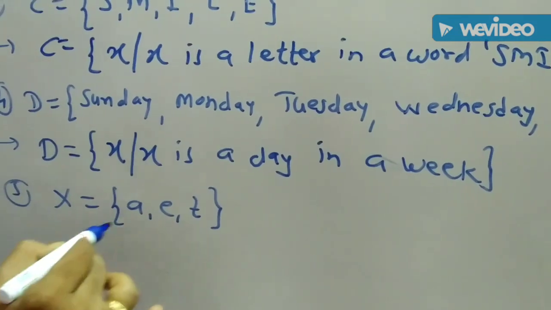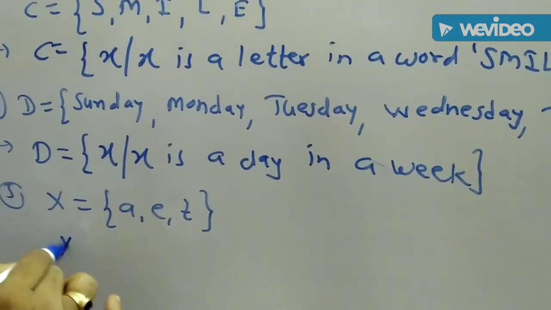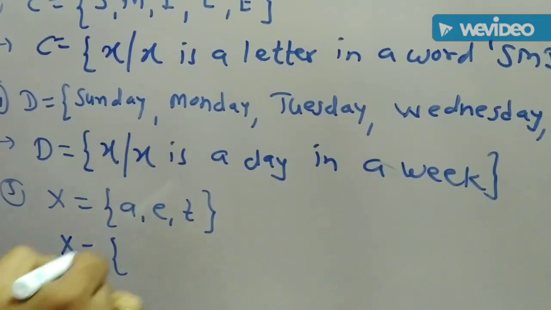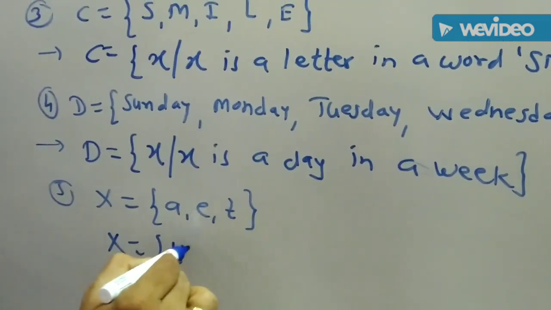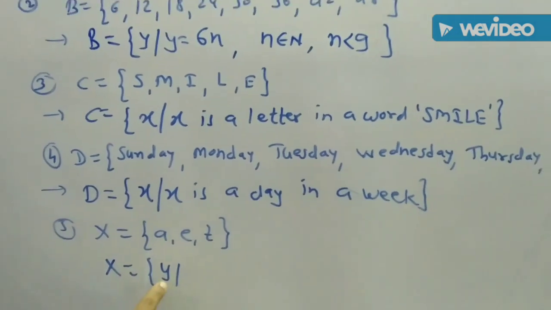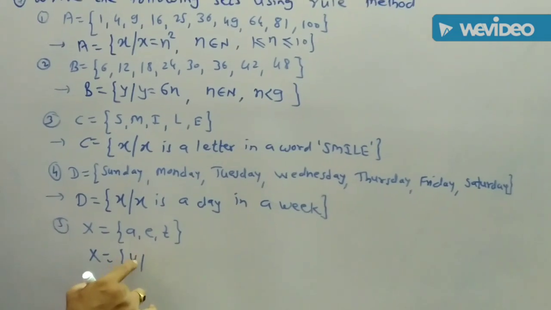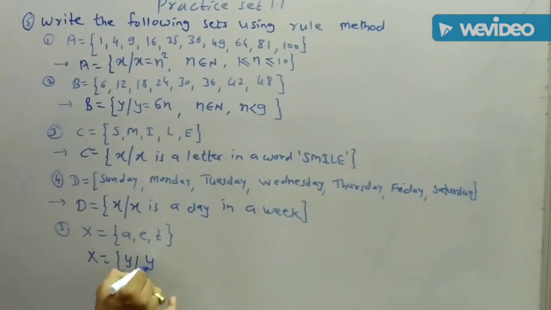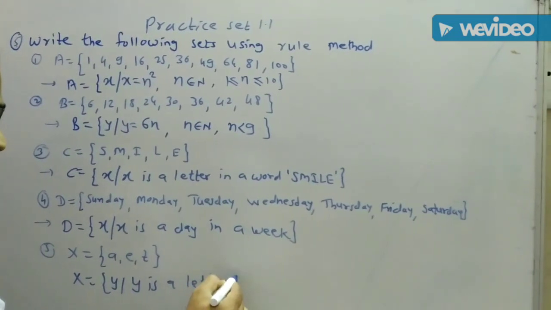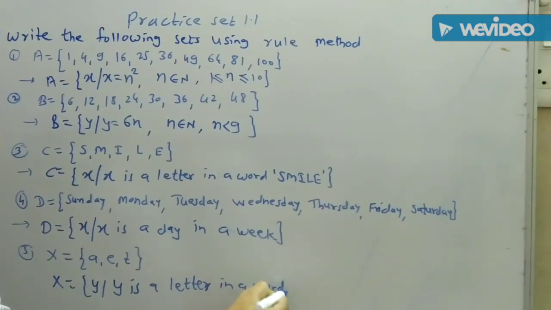Then last, X is equal to A, E, T. Again we form a word from these three letters. Therefore here we take y because the name of the set is X. X is the set of y such that y is a letter in a word. Which is the word?